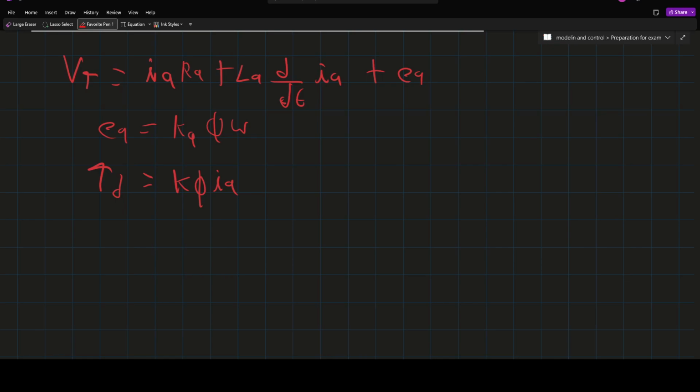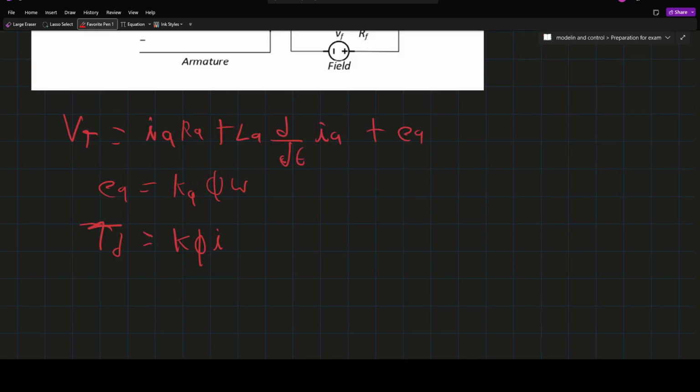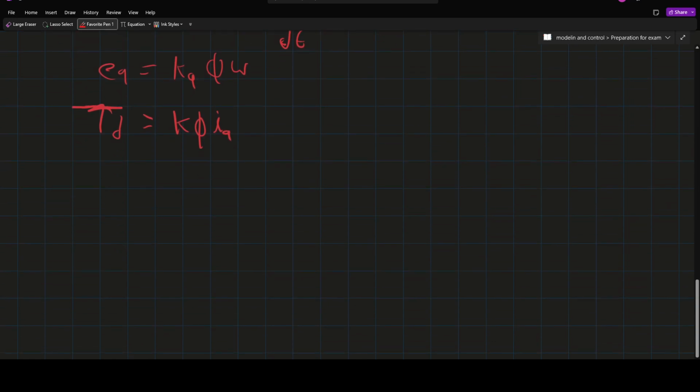The developed torque is the sum of all the different torques: the torque produced by the motor, the torque lost by the load, and the torque lost by the windage or friction. So for now, I'm just going to write TD for developed torque, assuming that there are no other torques. So this is a general equation for the torque.